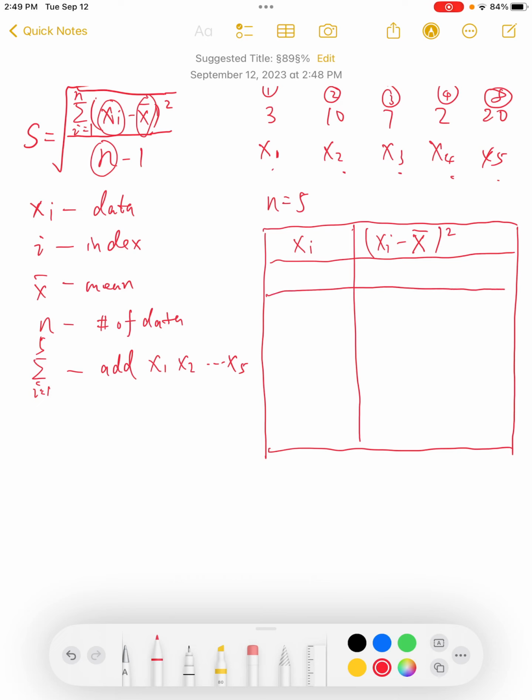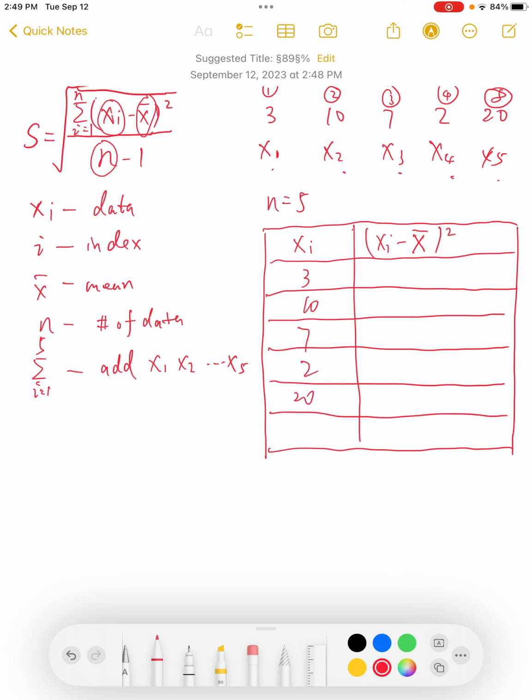The xi values are 3, 10, 7, 2, and 20. Since we have a summation, we want to add them up to find the total.